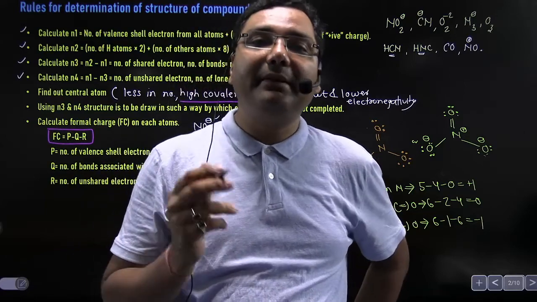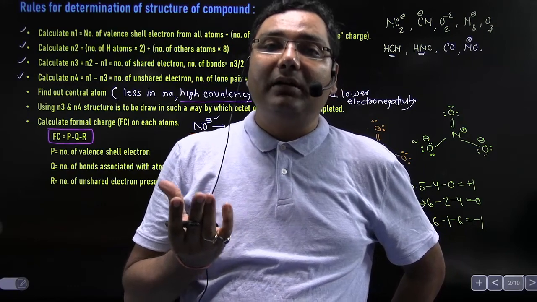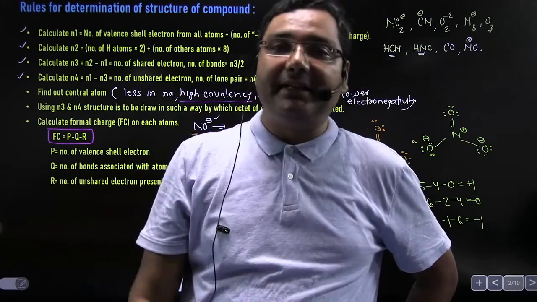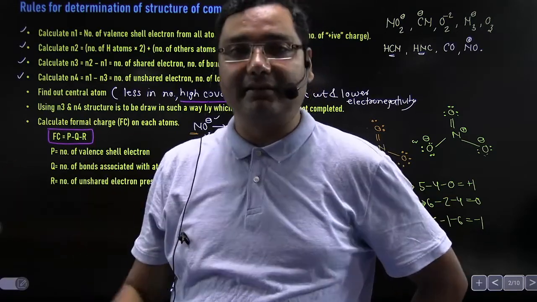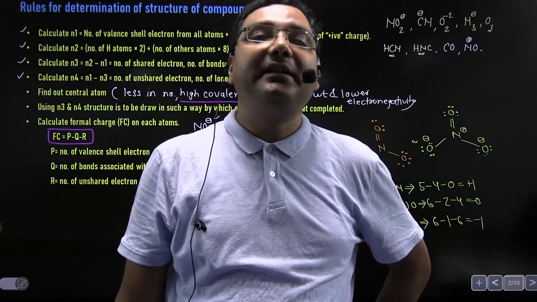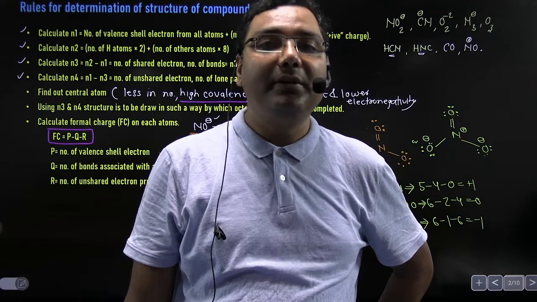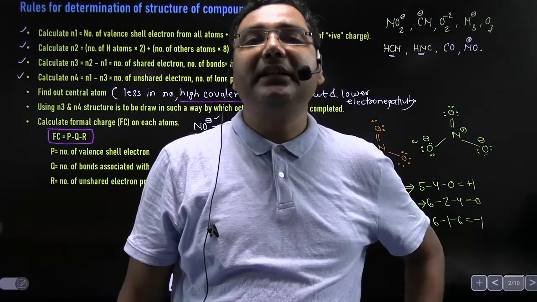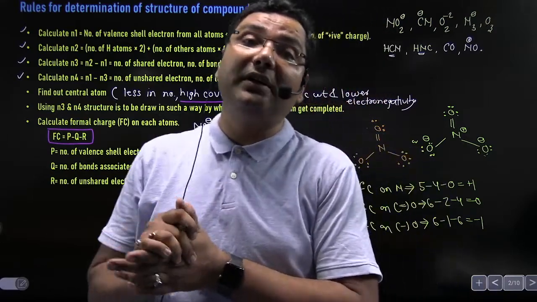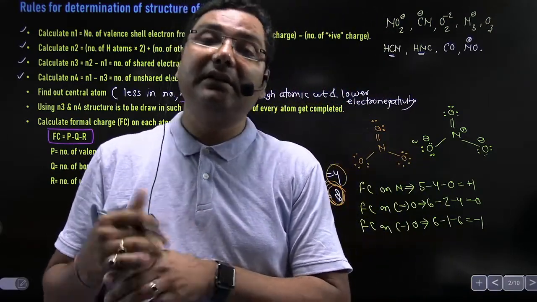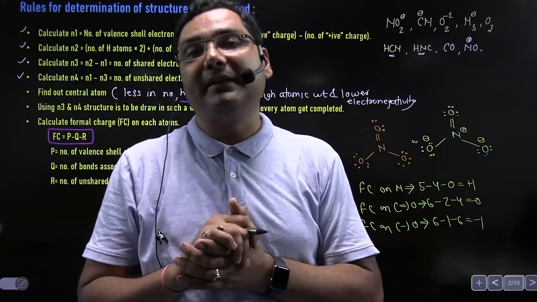This rule is applicable only when the central atom is from the second period, that is, carbon, nitrogen, oxygen, fluorine, etc. But if the central atom is from the third period, such as phosphorus, sulfur, chlorine, silicon, then this rule is not applicable. So how can we draw the structure of those molecules in which the central atom is from the third period onward? Then we have to find a second rule for the determination of structure.